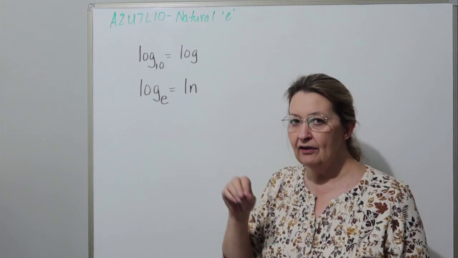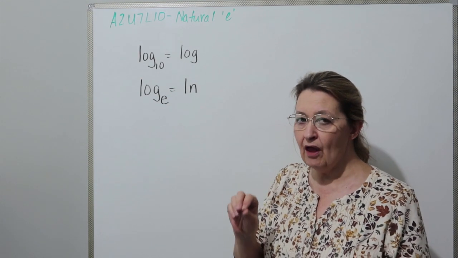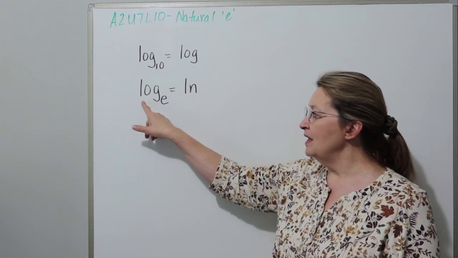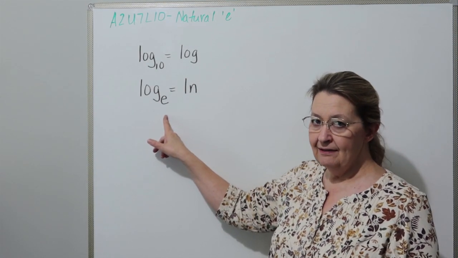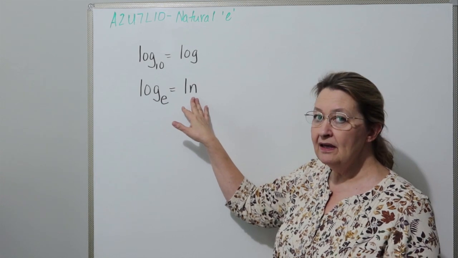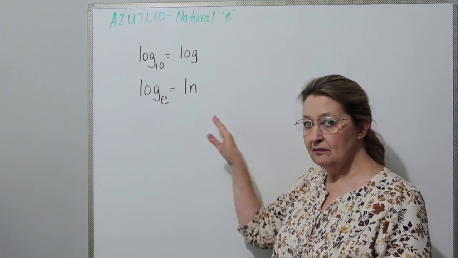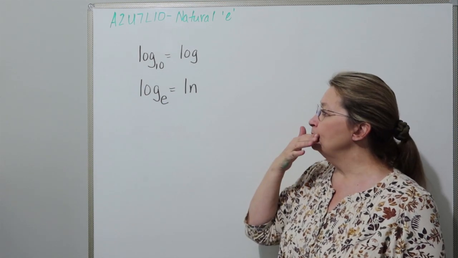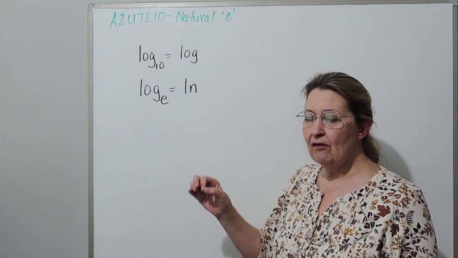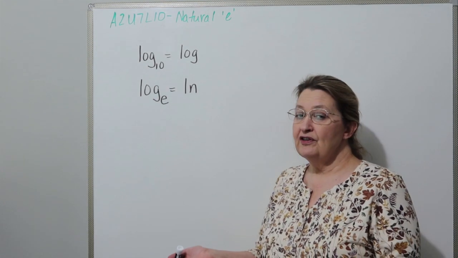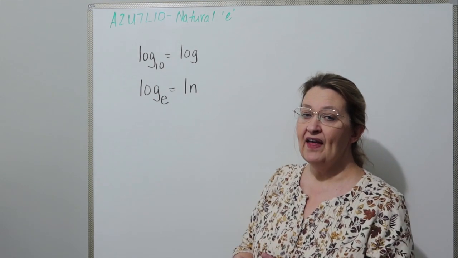If you look on your calculator, usually somewhere around the logarithm button, there is an ln button. This means log of base E. So if you see ln, that's what it's referring to, a log of base 2.718, on and on and on. Please note this is an ln, not a 1n. Okay, ln. And as far as any new material, that's all of it.